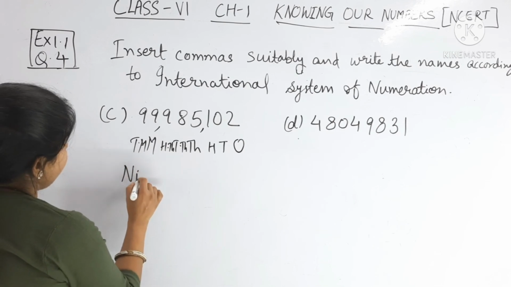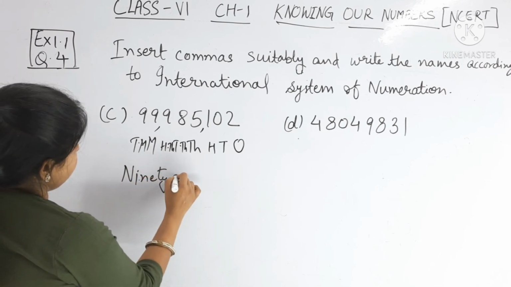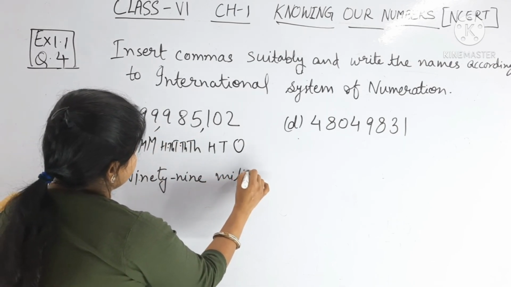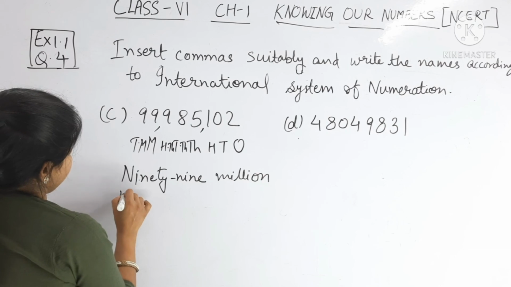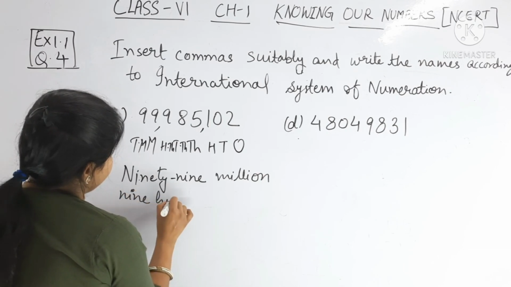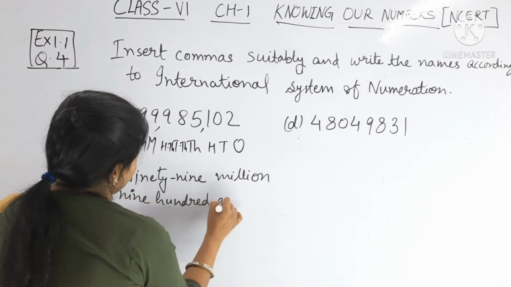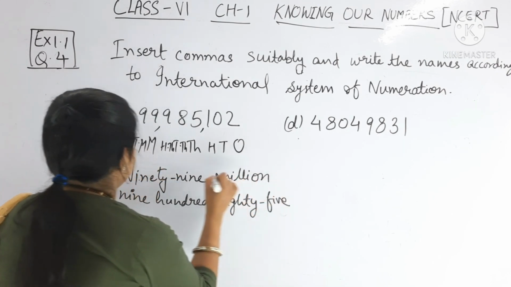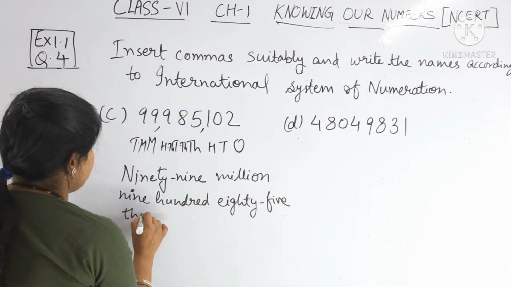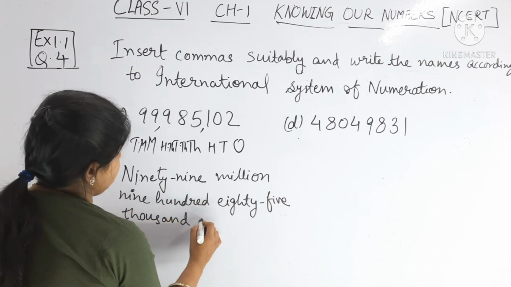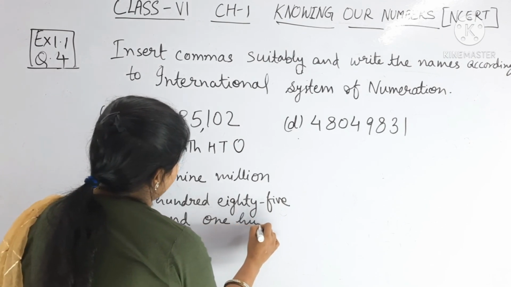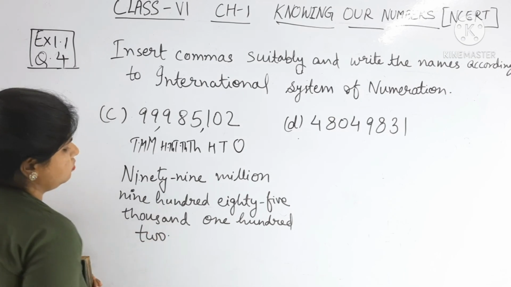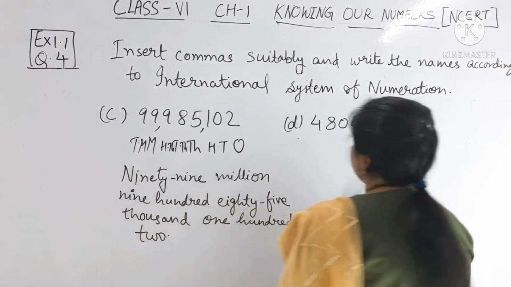So how do you write the number name? 99 million 985,000 102. Right? Now let's move to the D part.